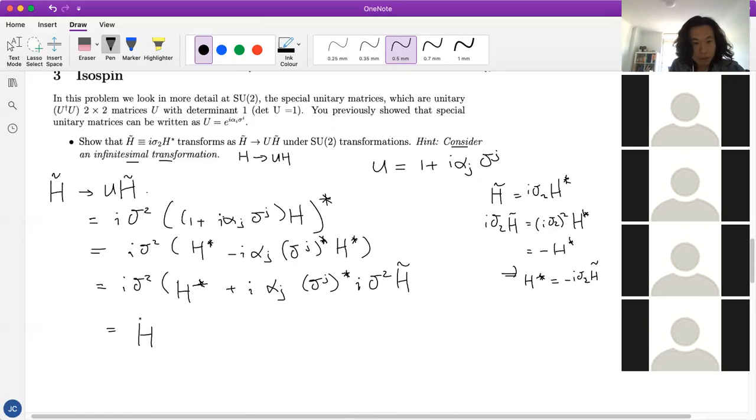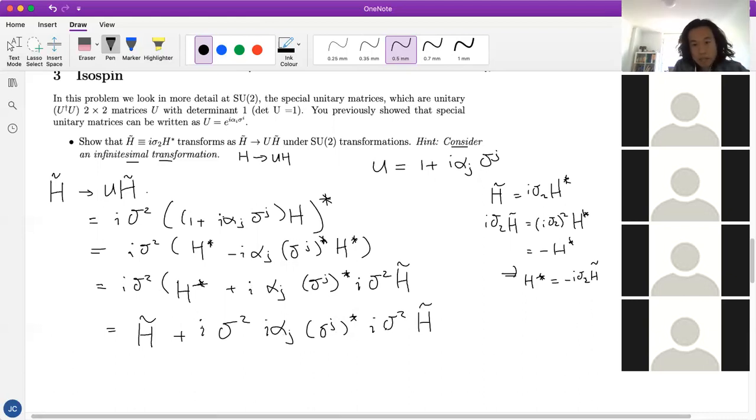So the first term is just back to H tilde, and then plus, I'm gonna multiply two of these together. I'm just gonna keep the i for now. Plus i sigma 2 i alpha j sigma j star i sigma 2 H tilde.